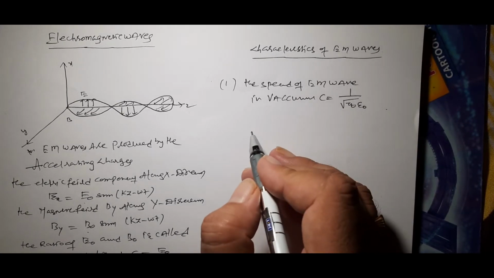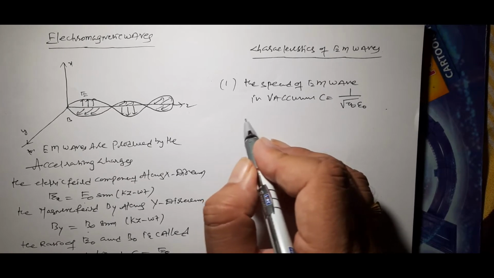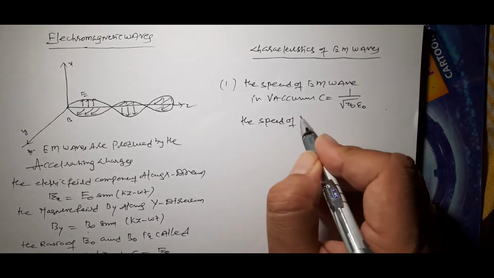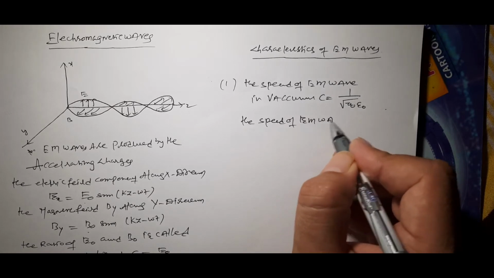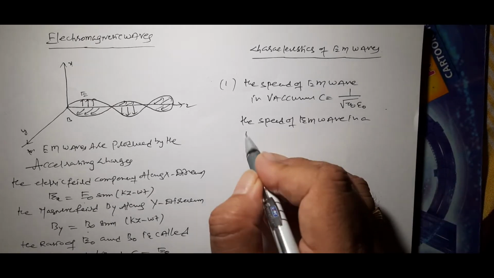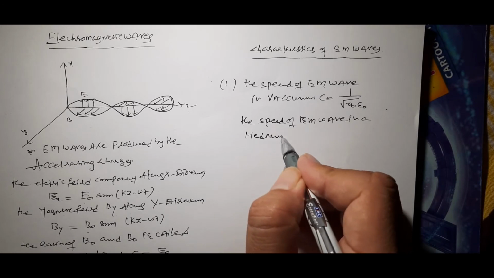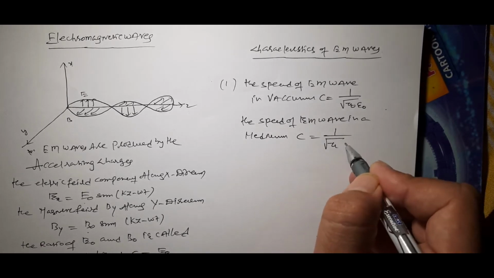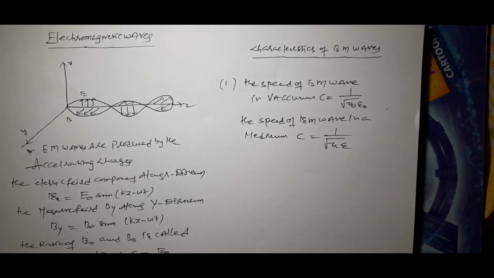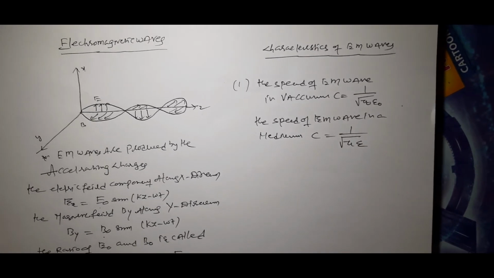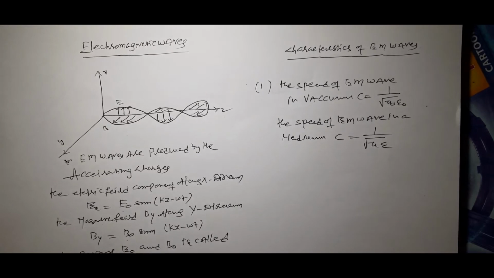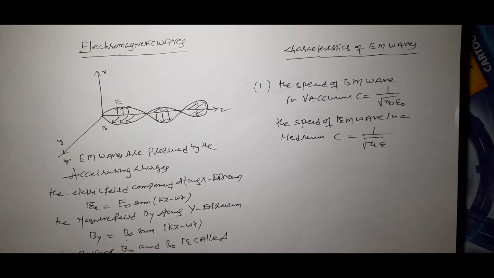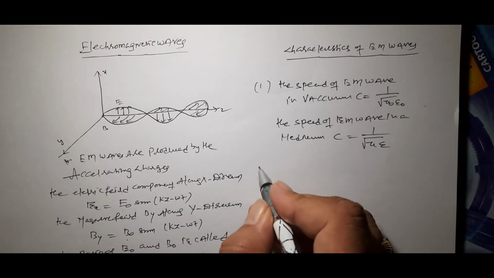And the speed of EM wave in a medium: c is equal to 1 by square root of mu epsilon, where mu is the permeability of the medium and epsilon is the permittivity of the medium.